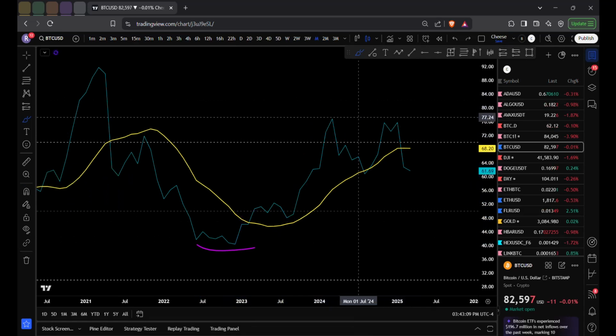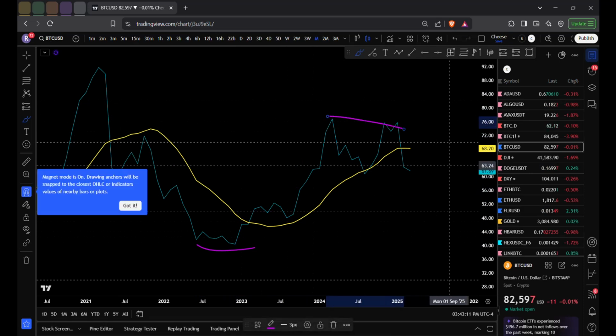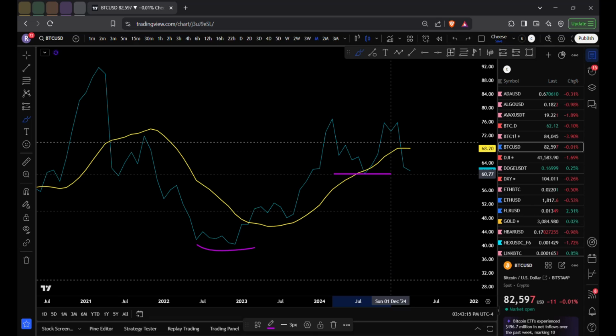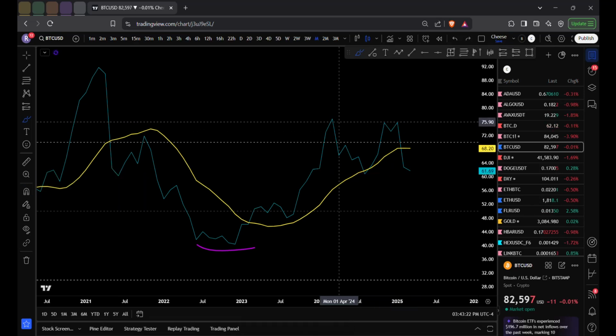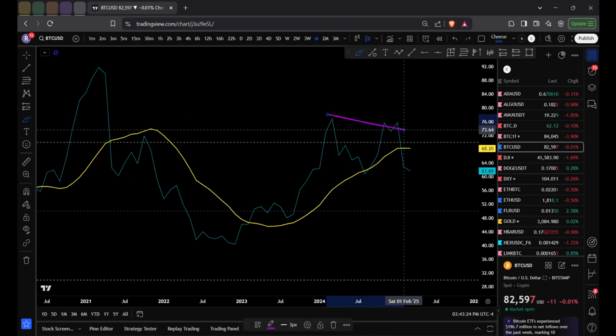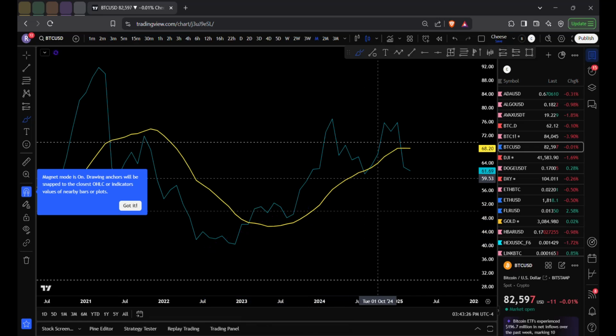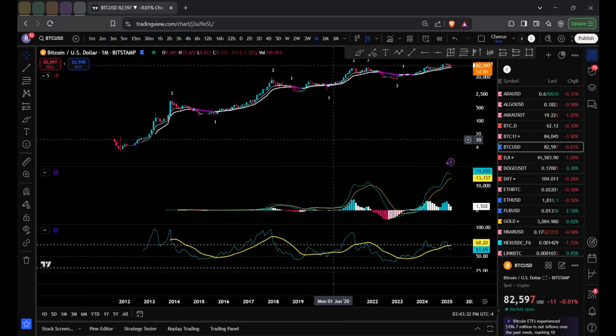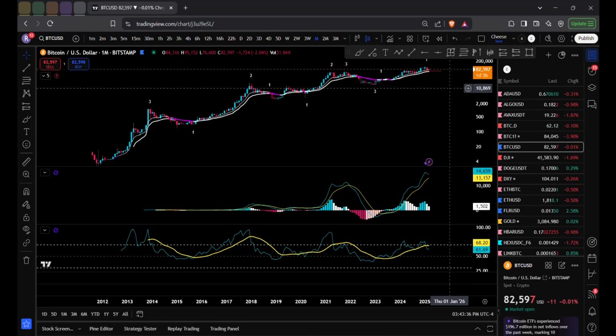I said in my last video we've made a lower high, showing me that we have a very high probability of hitting this 60.77 or potentially even breaking it, right? Because once you start the reversal trend, the lower high or the higher low on a longer time frame like a monthly chart, those are indications of a potential huge correction on the table.